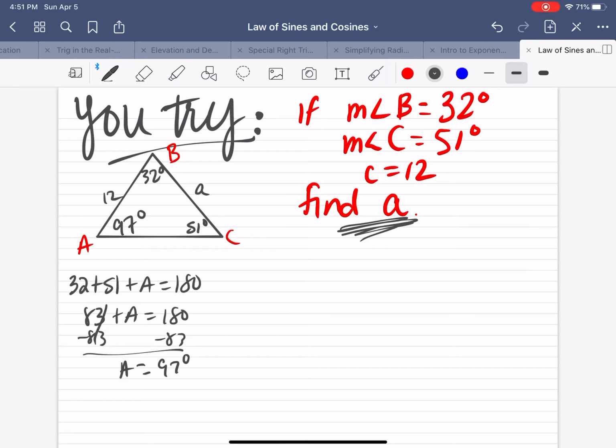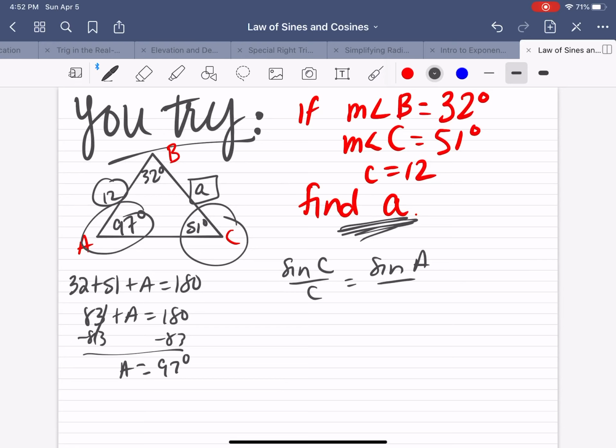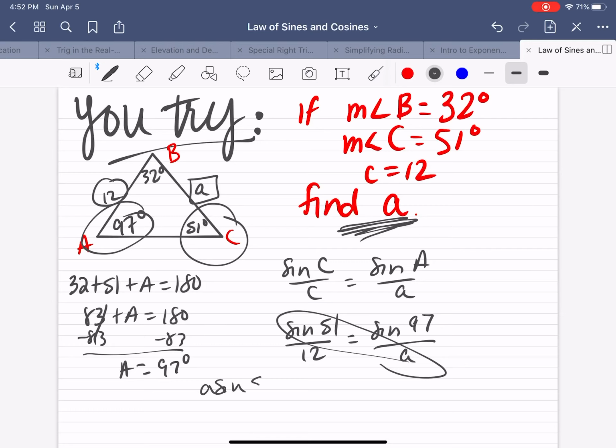So now that we have that, we're able to find side A. Since we have angle C and side C, and now we have angle A, we're trying to find side A, we're going to use the following. So solve the proportion by cross multiplying. To solve for a, divide by sine of 51.